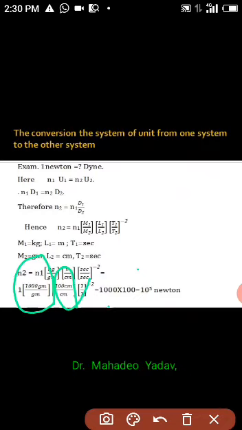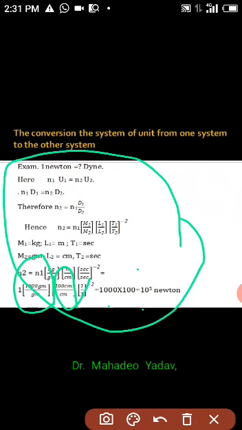Therefore, after computing this, we shall get 1000 into 100, which means 10 to the power 5. Thus, we see the conversion of Newton into dyne. It means 1 Newton is equal to 10 to the power 5 dyne. Here it is written wrongly; here we have to write dyne.